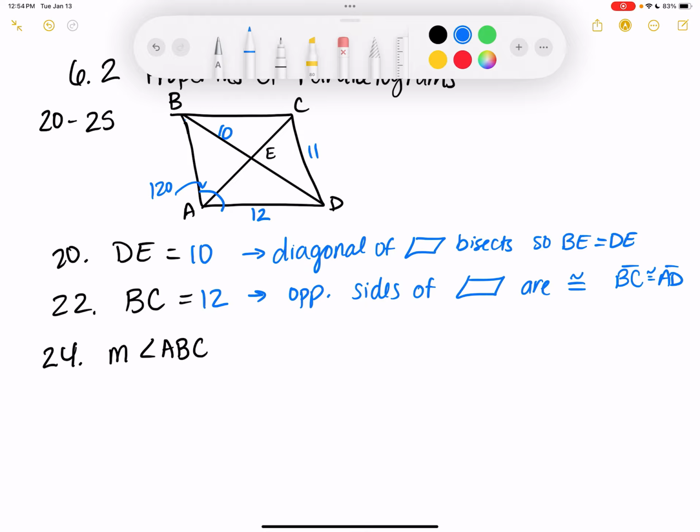Any ideas what I might have to do to find this one? Just do 360 minus 120 minus 120 to find what it could be.